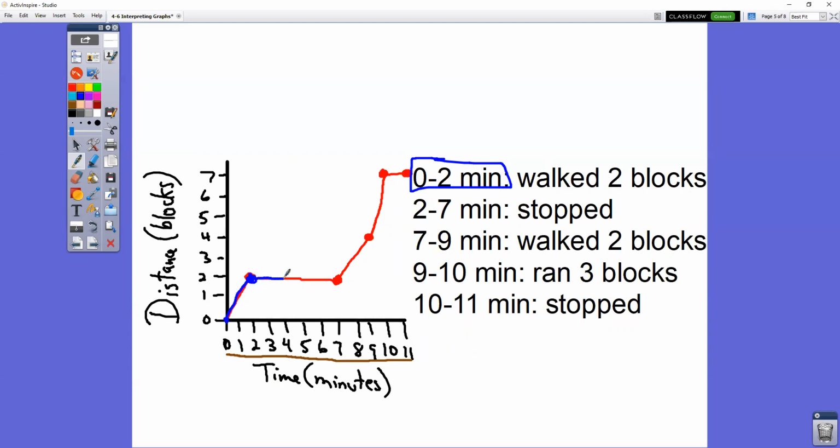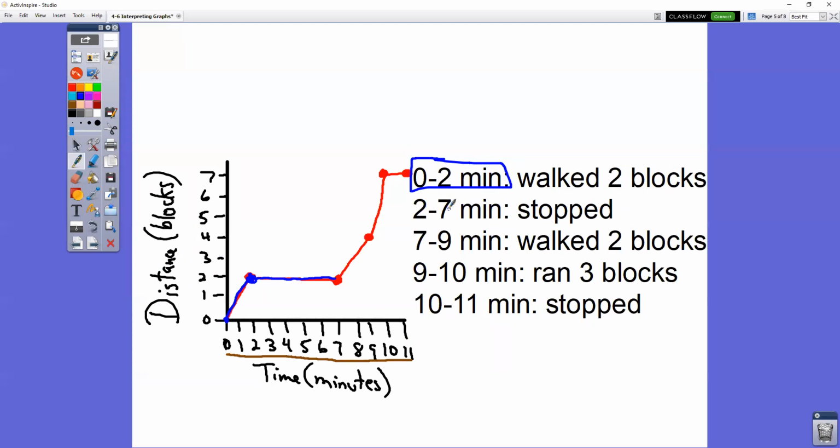Notice that my line is going straight across. Why is my line going straight across? Well, because as he stopped, he's not covering any distance. So we're not going to go up because he stopped and he's talking. He's not walking anywhere. But is time ticking by? Yes, it is. He stopped and talked to somebody for 5 minutes.